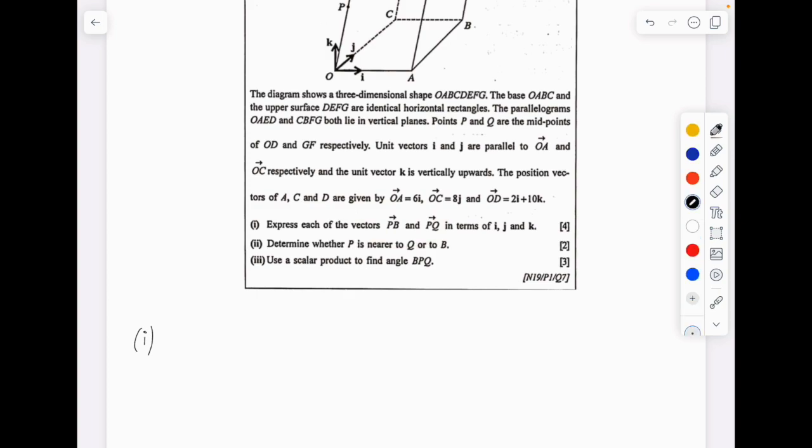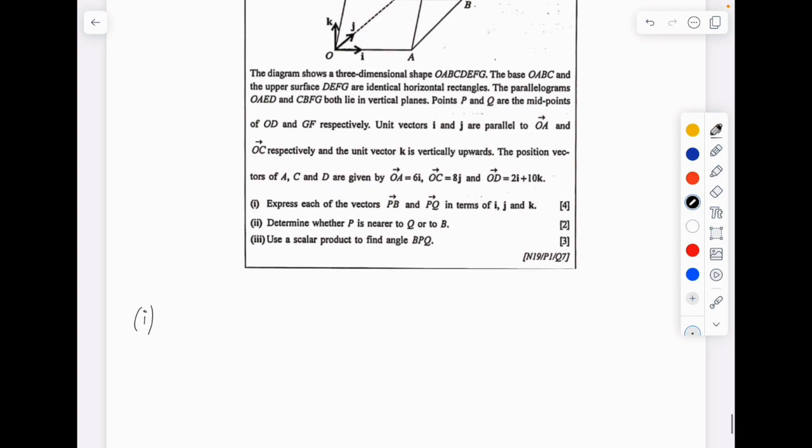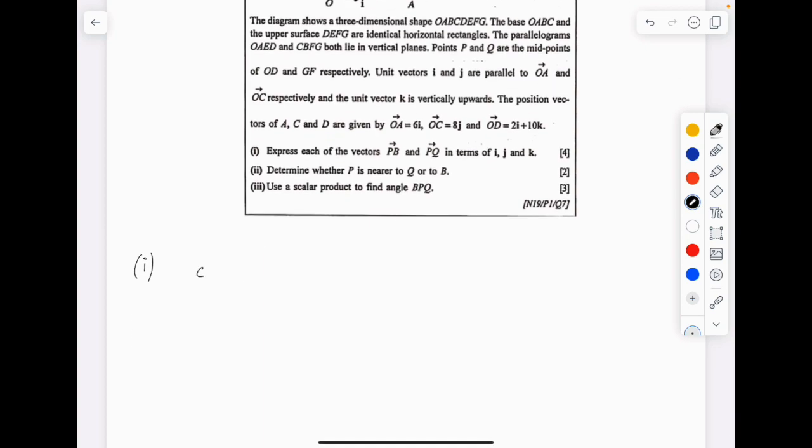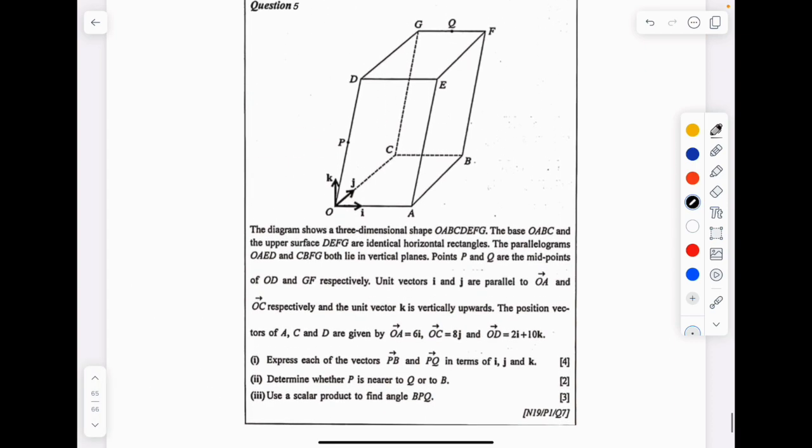In this instance, that means OP and OB, okay? Right. So, let me see here. And also OQ, of course. So, OP. Well, let's think about it. OP.